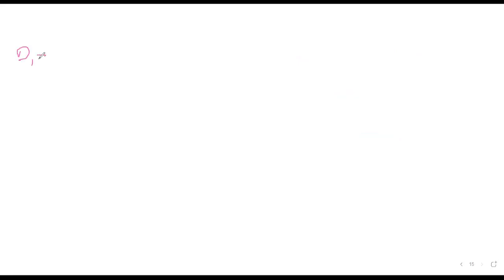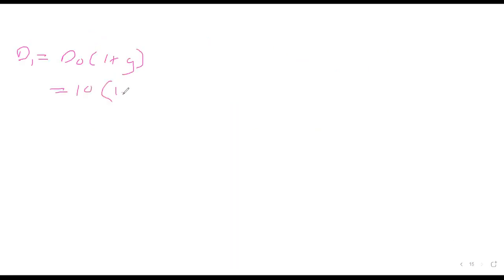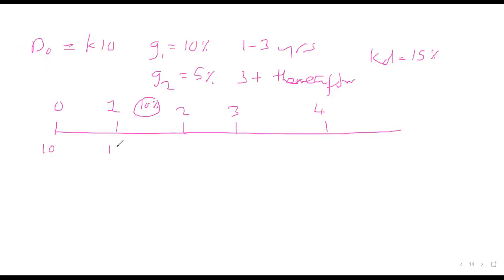We know that D1 is D0, 1 plus growth. We started with 10 quarter, and our growth rate for the first phase is how much? 10%. Good. So we're going to have 1.10 to the power 1. It will be 11 quarter. That is our D1.